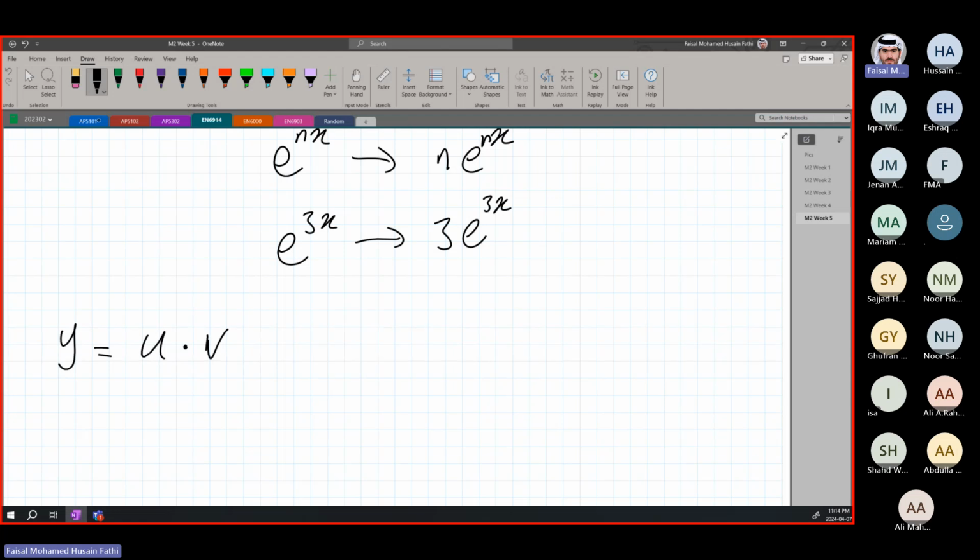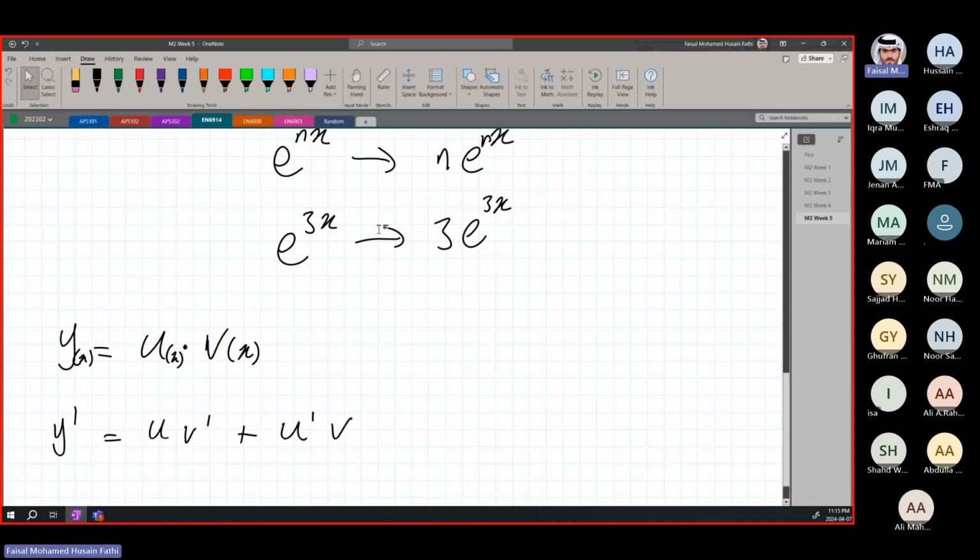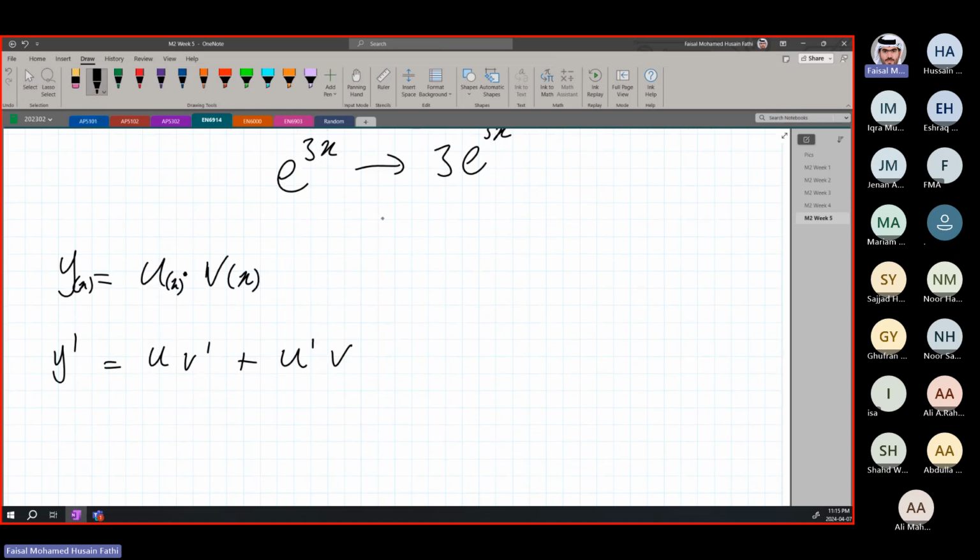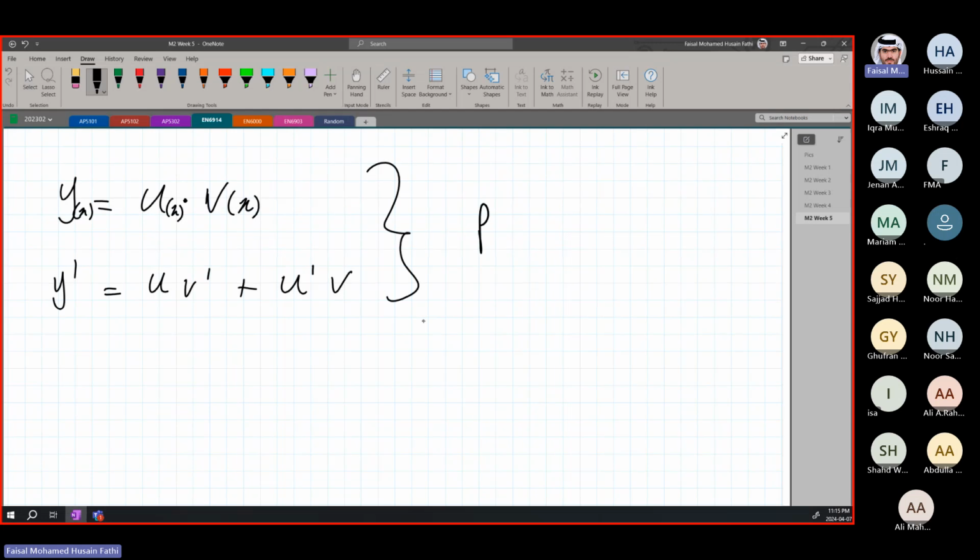These are both functions of x. y prime is going to be equal to u v prime plus u prime v, simply. Meaning the differentiation of v times u, plus the differentiation of u times v, to find the full differentiation. This is called the product rule.